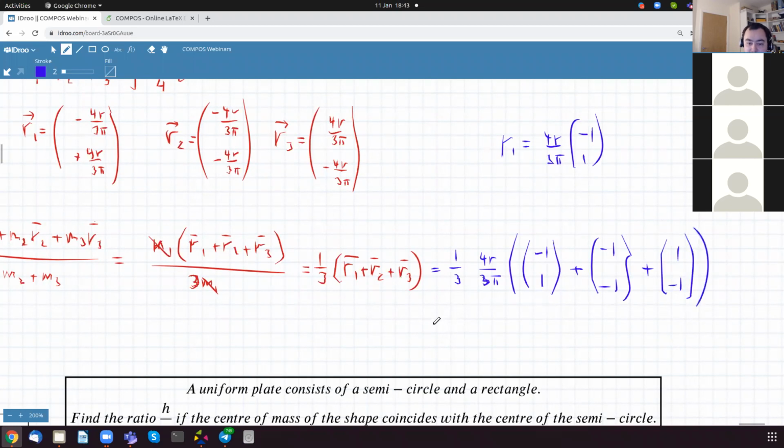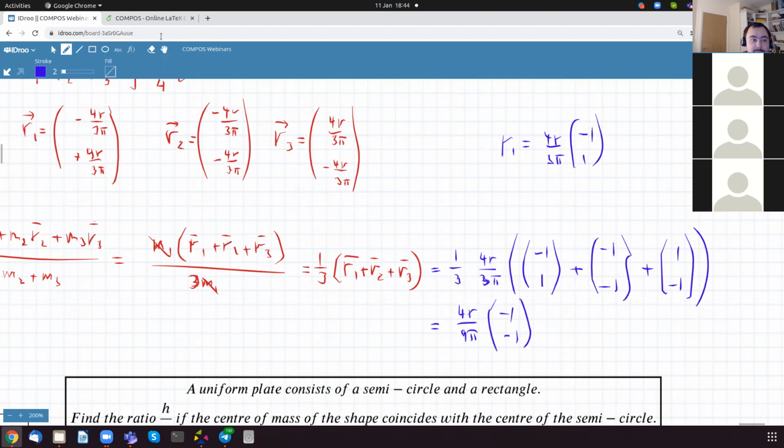And we're left with 1 over 3 times 4R over 3 pi. So it's 4R over 9 pi. And now -1 plus 1 is -1. 1 plus minus 1 plus minus 1 is minus 1.